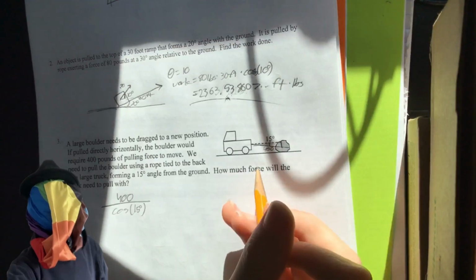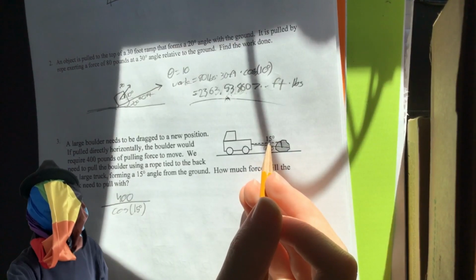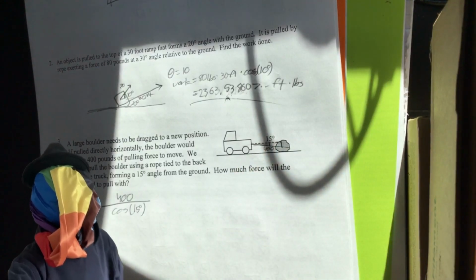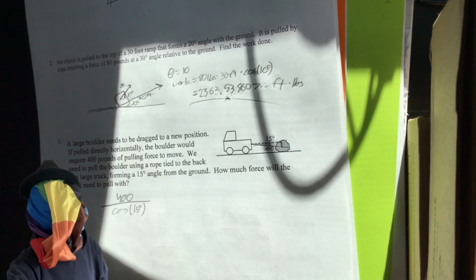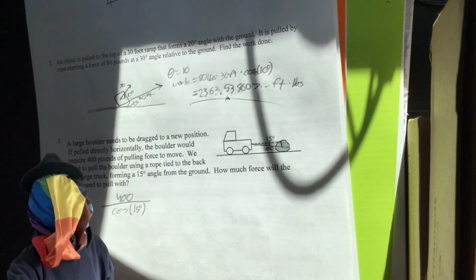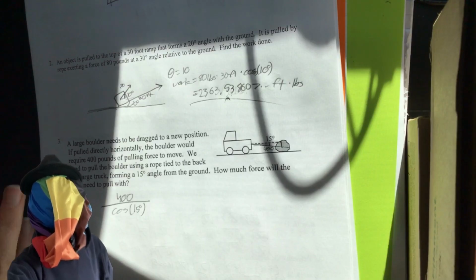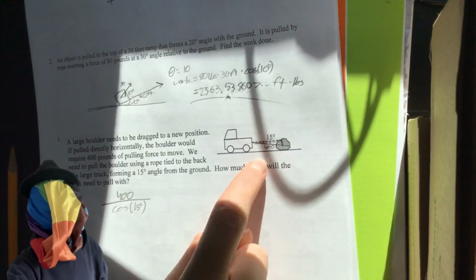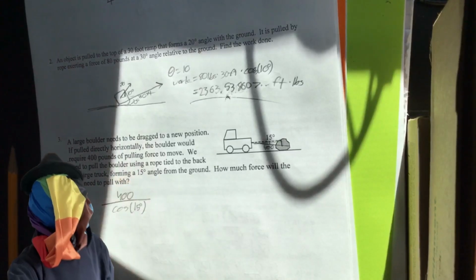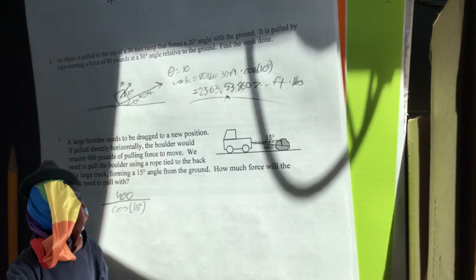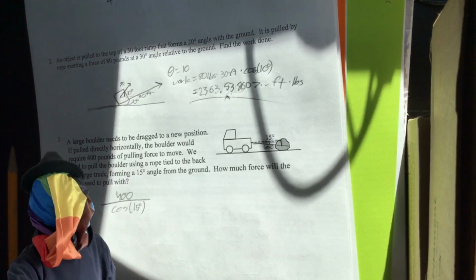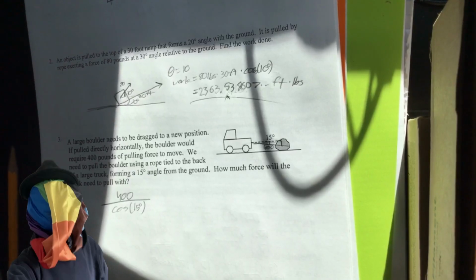So 400 pounds of force would only equate to cosine of 15 times 400 of actual force to move the boulder. So instead, we divide, which will give us the amount that we would need multiplied by cosine to equal 400, which is what we need. That was a horrible explanation, but it should be right.